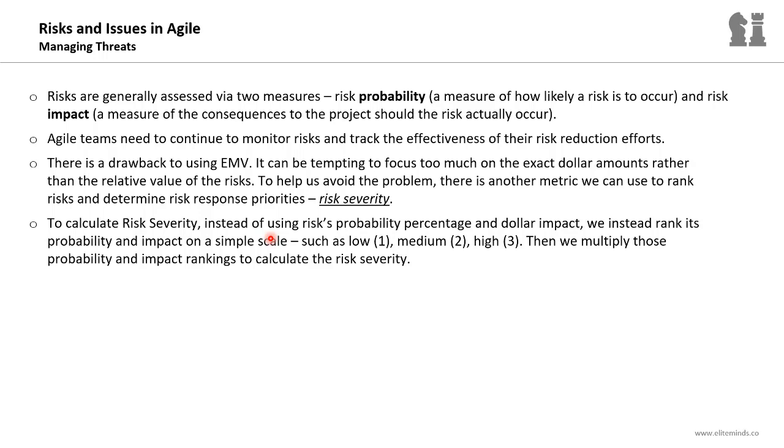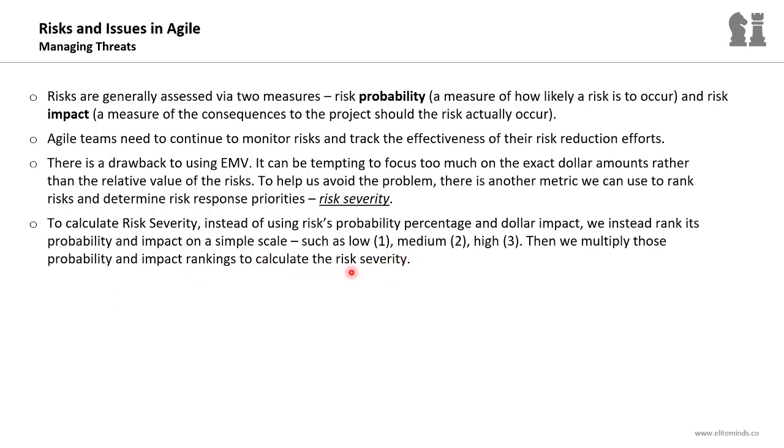To calculate the risk severity, instead of using risk probability percentage and dollar impact, we instead rank its probability and impact on a simple scale such as low 1, medium 2, and high 3. Then we multiply those probability and impact rankings to calculate the risk severity.